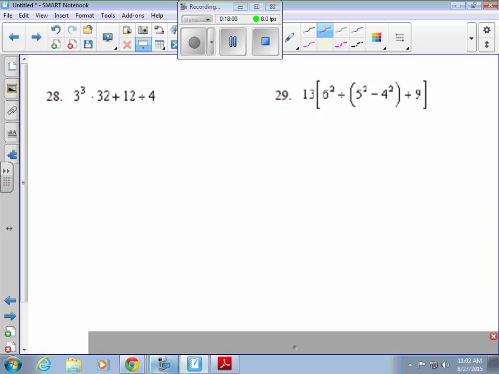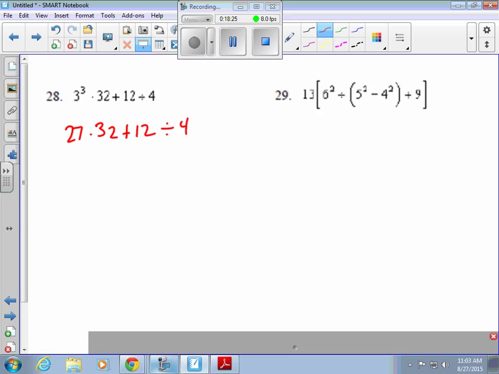Number 28 says 3 cubed times 32 plus 12 divided by 4. Again, no sets of grouping symbols right here, but you have to evaluate exponents first. 3 to the third power does not mean 3 times 3. It means 3 times 3 times 3. You got to do it 3 times. When you do that, 3 times 3 is 9, times 3 more is 27, times 32 plus 12 divided by 4.